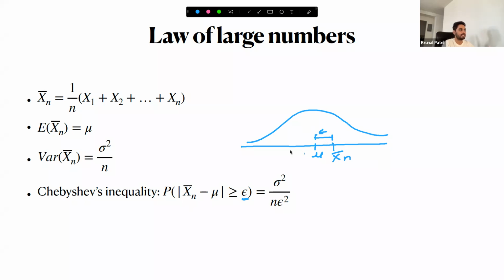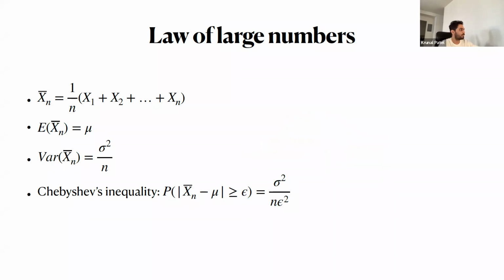In other words, you are less likely to make the same error, or you'll be making smaller and smaller errors as you increase the number of trials. Okay, so that's the law of large numbers, basically. It says that if I take an infinite number of trials, then I'll exactly get the same mean that I was expecting.